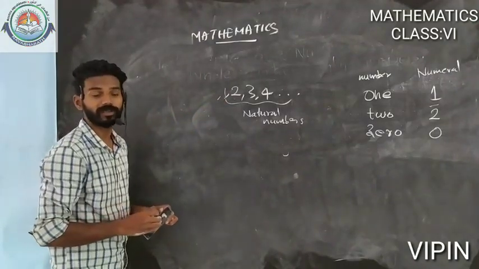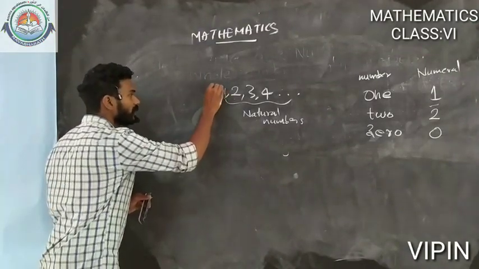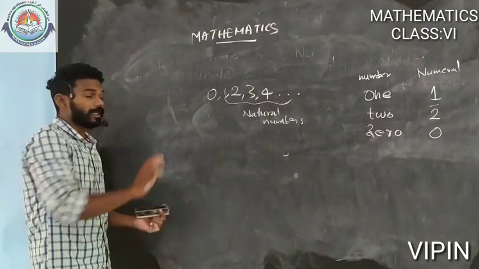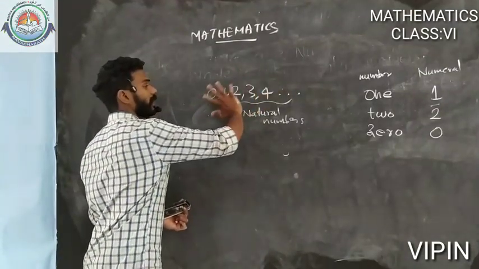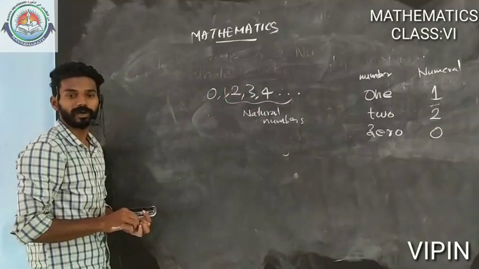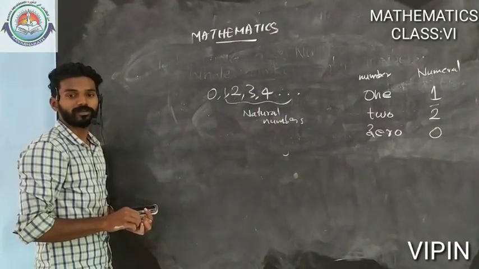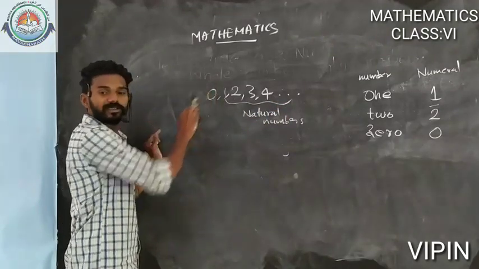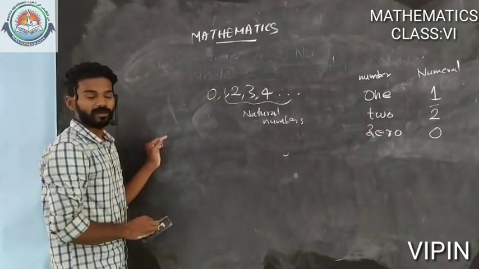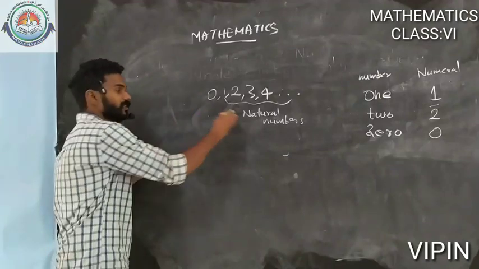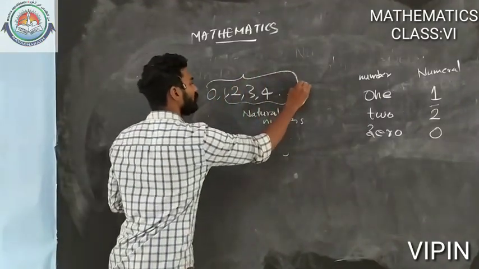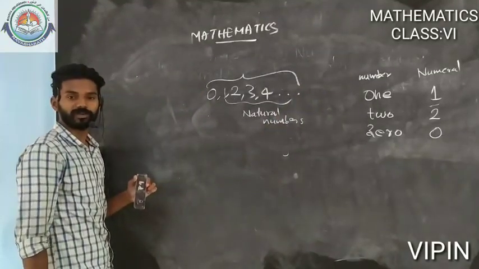Its numeral is like this. So this is another set of numbers, because in natural numbers we do not consider 0.